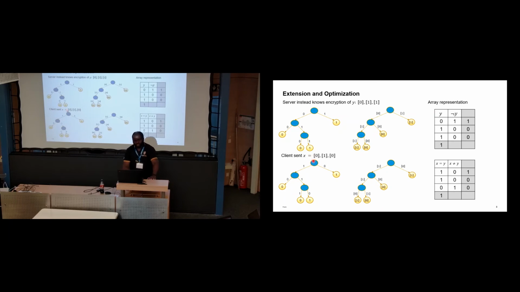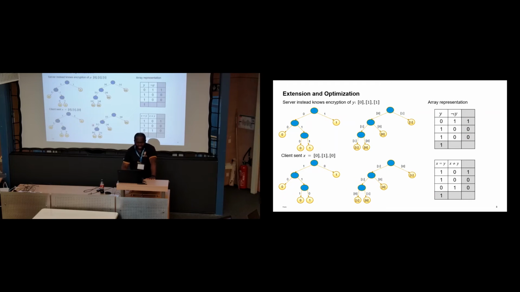We can do the computation also using an array instead of a tree. This turns out to improve the performance a little bit. So in this case, the first column represents the leftmost path, and the second column represents these edges here, and these are the leaves.